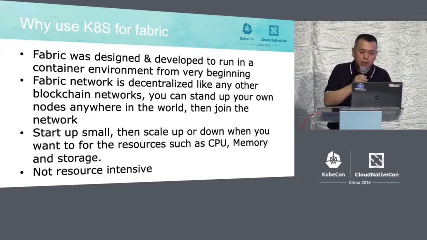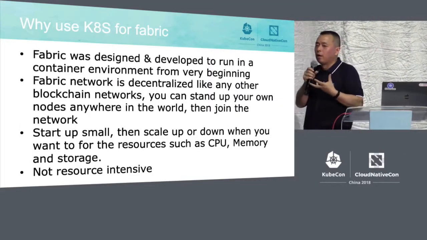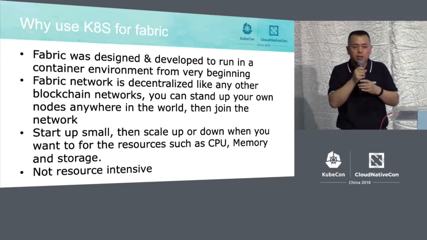So the ordering system is responsible for lining up all the transactions to produce the hash code. So it's not CPU or memory resource intensive, right? So you can certainly run this. It's not going to cost you a lot of money to just produce one hash code.